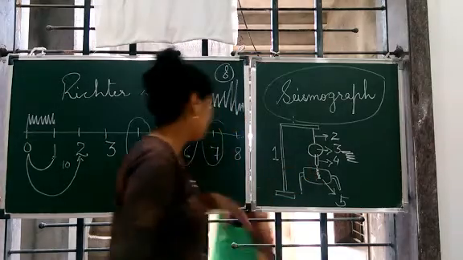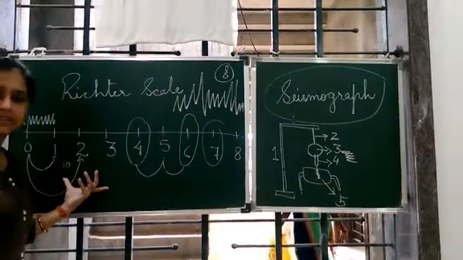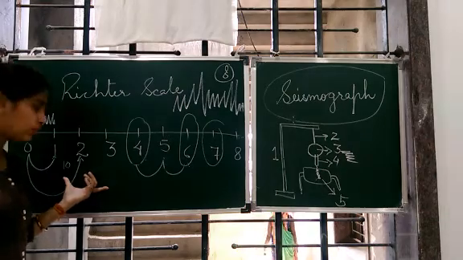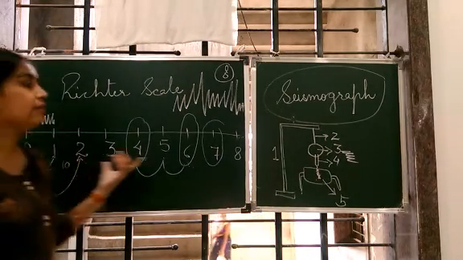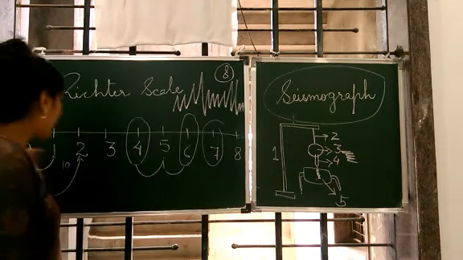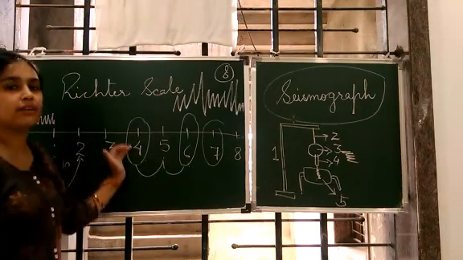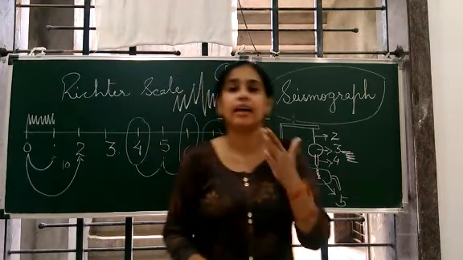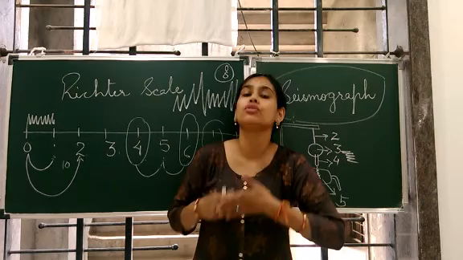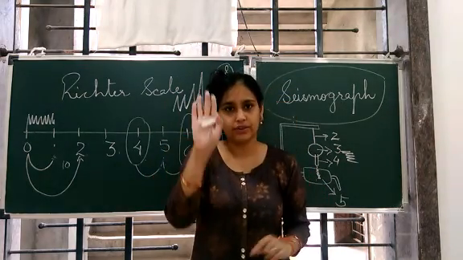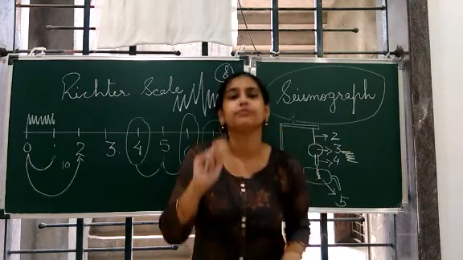That's all. We also discussed the Richter scale, which is used to measure the magnitude of the earthquake. It has readings from 0 to 12, and as we go ahead by one reading each time, the intensity or the magnitude increases 10 times.